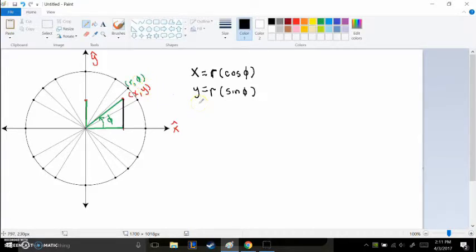So we'll go ahead and do those. dx by dr, we can see this is going to become a 1 because it's being acted on by this operator, d/dr. And x lets us know we're doing it to this function up here. So we're just going to get cosine of phi.